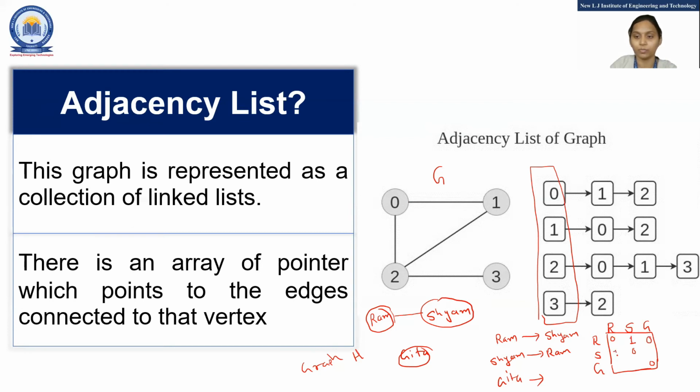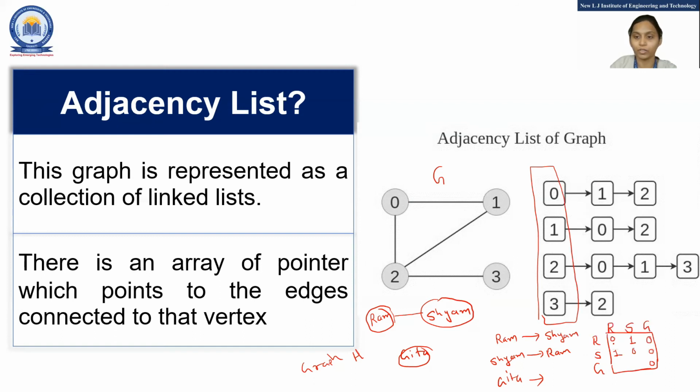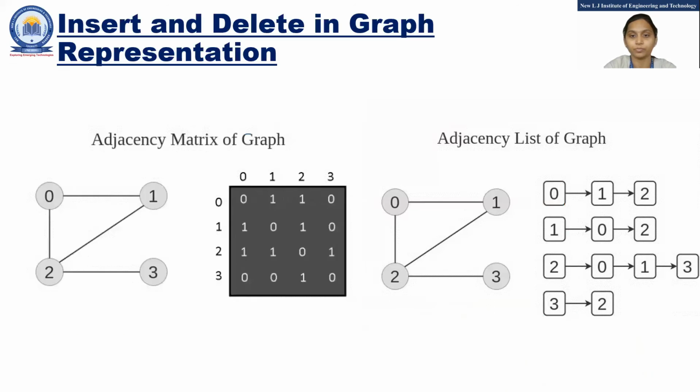Yes, so 1. Shyam is connected to Geeta? No, 0. Now Geeta is connected to Ram? No, 0. And Geeta is connected to Shyam? No, 0. So this way, the same example is represented in the adjacency list as well as in the adjacency matrix. Fine. So this way you can represent any graph in two representation forms.